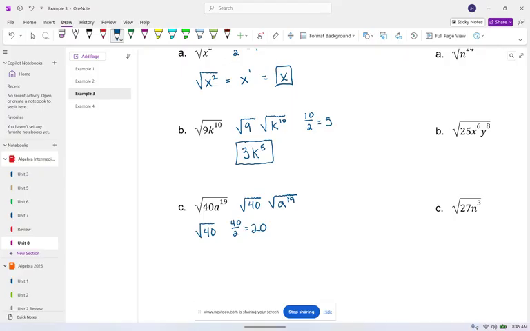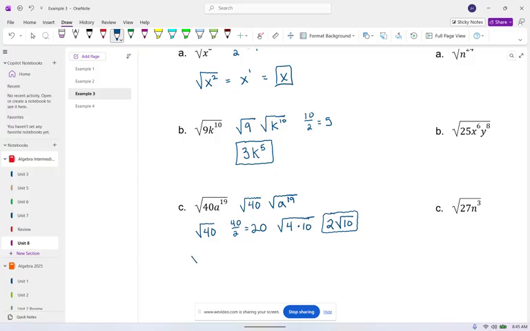We have 16, 9, and 4. 16 and 9 are not factors of 40, but 4 is. So we can rewrite this as the square root of 4 times 10, because 40 divided by 4 is 10. This will allow us to take the square root of 4. The square root of 4 is 2, and we leave the 10 under the radical sign. We're going to put a box around that because that part's important. We want to make sure we leave that part and we know about it.